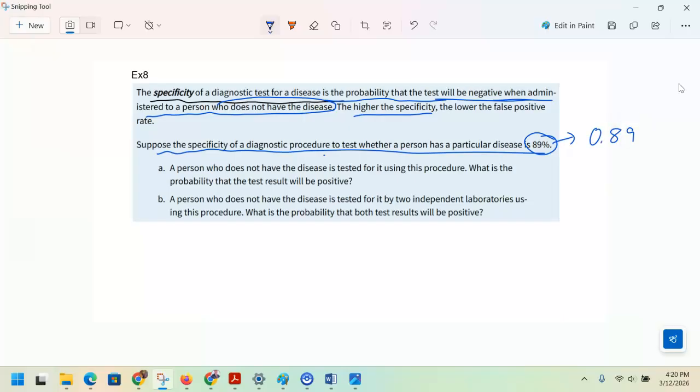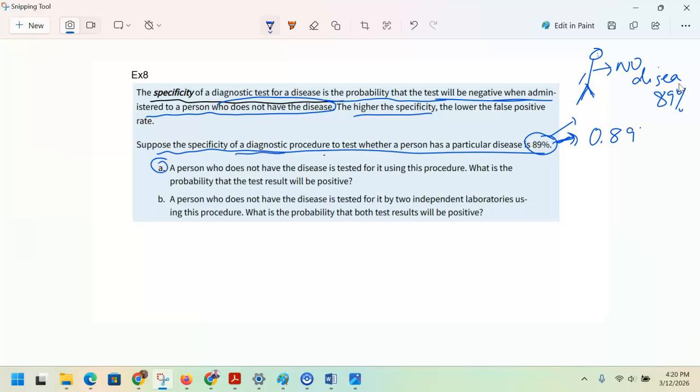It means that if a person who does not have the disease goes for checking, the chance that the clinic's test correctly shows he does not have the disease is 89%.